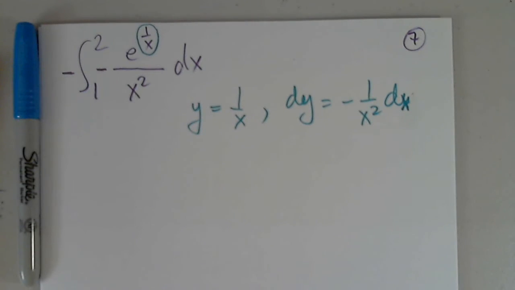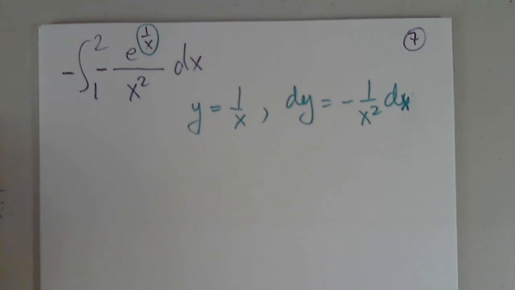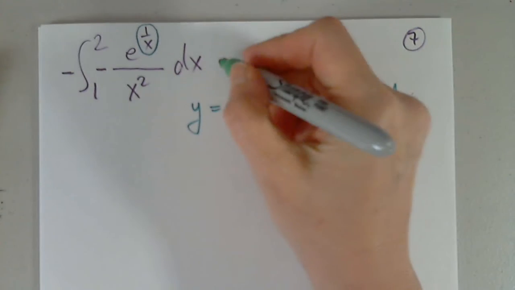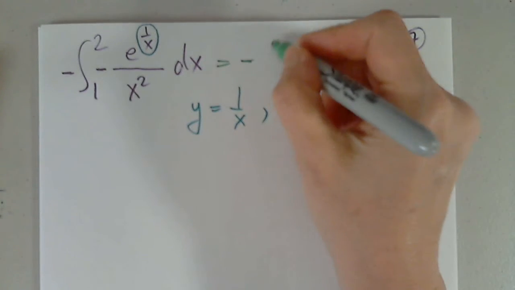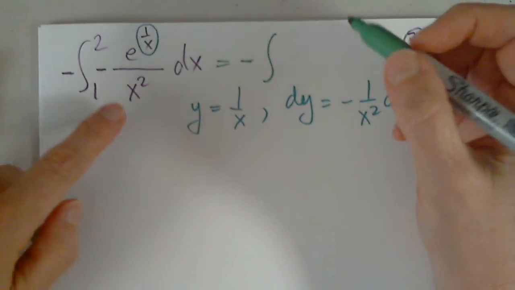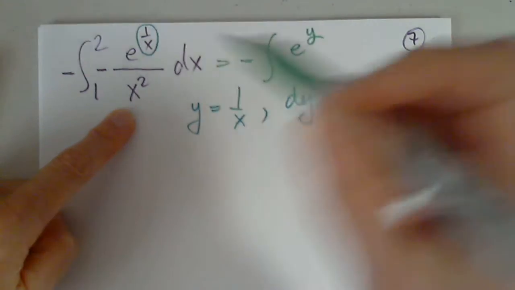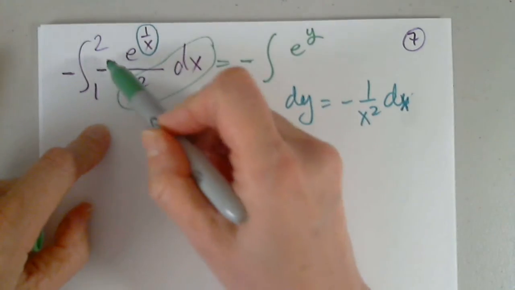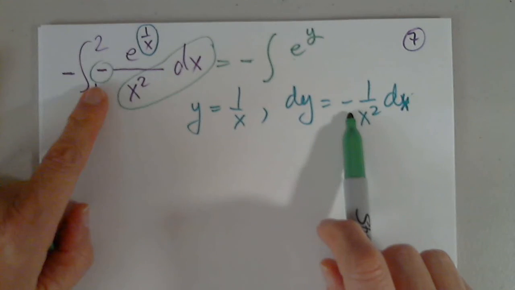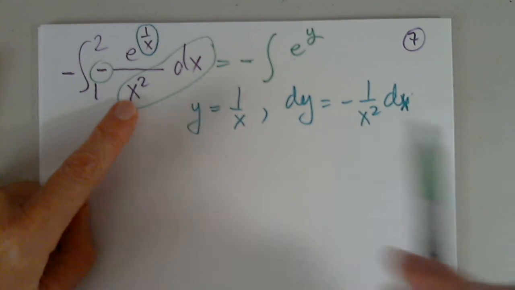Multiplying twice by -1 will not change anything. So the new integral becomes negative outside. Do not copy the limits of integration. So this is e to y, and this, with the minus in front, negative dx over x squared, is dy.